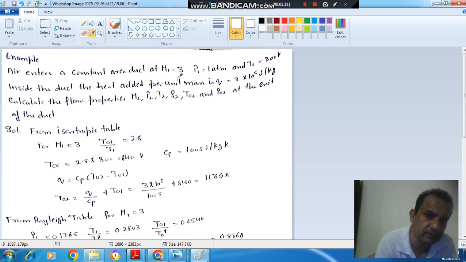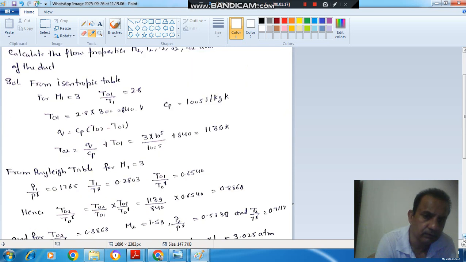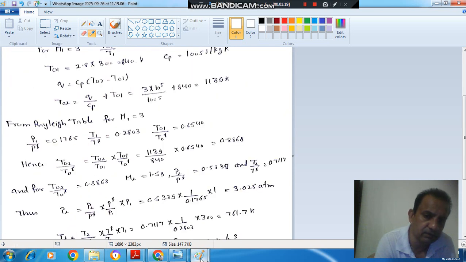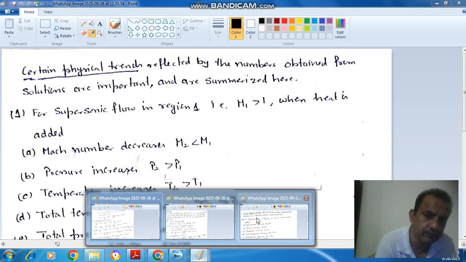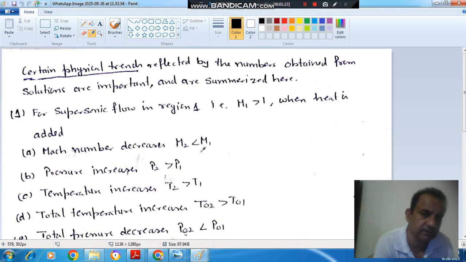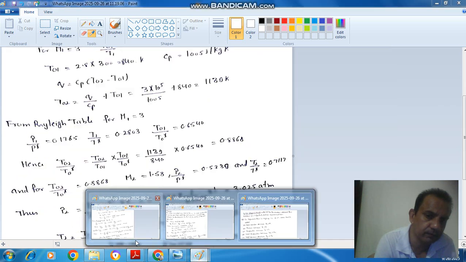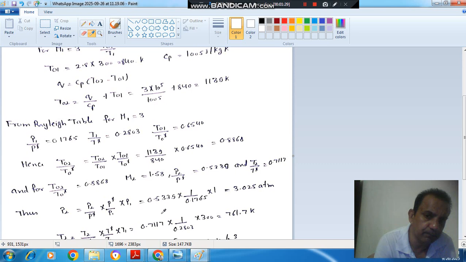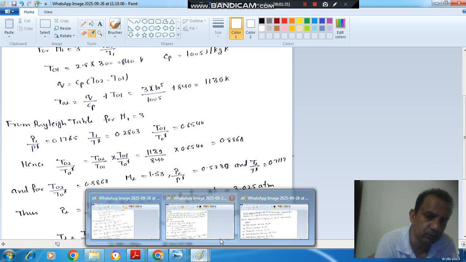Here M1, our inlet Mach number, was 3 and we have got M2 as 1.58. So it means Mach number decreases, M2 is less than M1. We got P2 as 3.025 and initial pressure was 1 atmosphere.